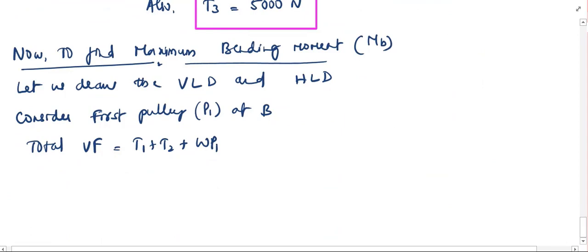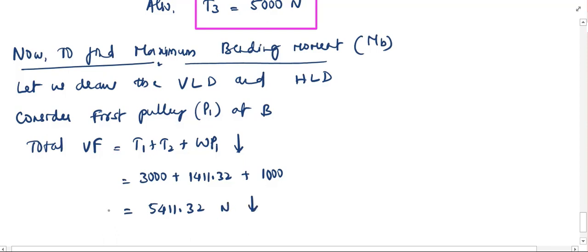So the vertical force will be T1 plus T2 plus WP1, that is 3000 Newton plus 1411.32 Newtons plus, as the weight of the pulley is given as 1000 Newton, 5411.32 Newtons, acting downwards.